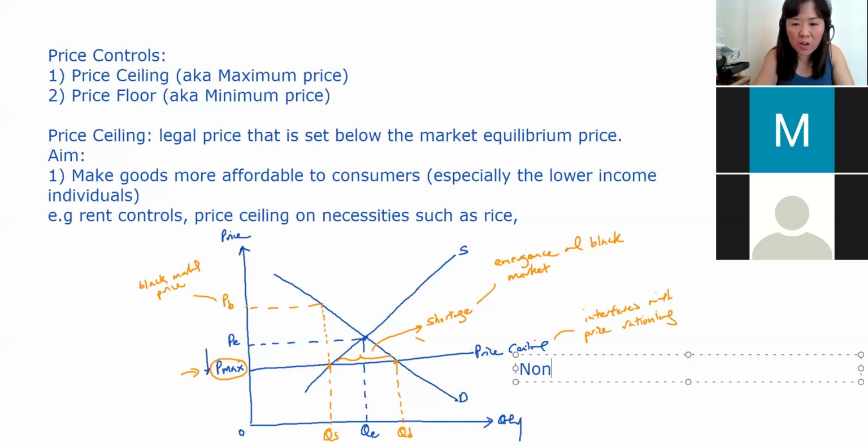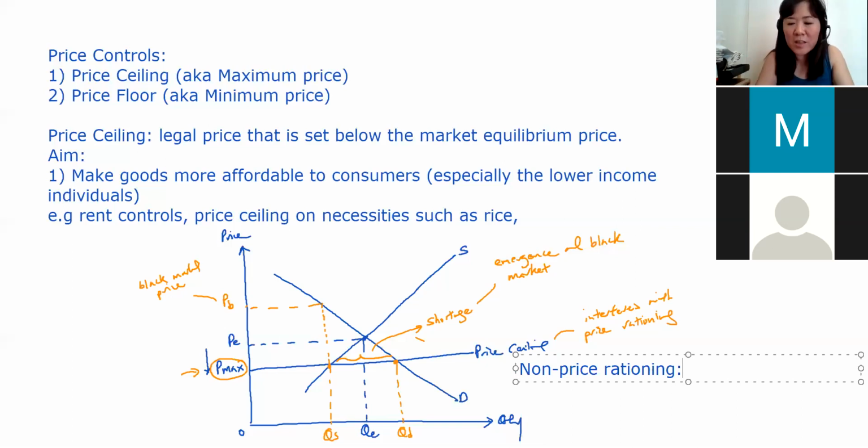We call it non-price rationing, which basically doesn't go according to the price mechanism, because like we mentioned, it interferes with how price signals are used to ration the good to consumers who are willing and able to pay.